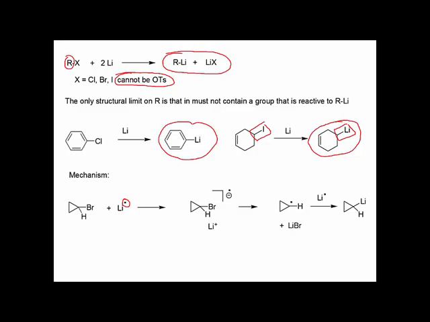This will make the radical anion shown here. The radical anion can now lose bromine, and this generates the free radical, which is going to react with our other mole of lithium. Notice that we need 2 of them to make the organolithium reagent.